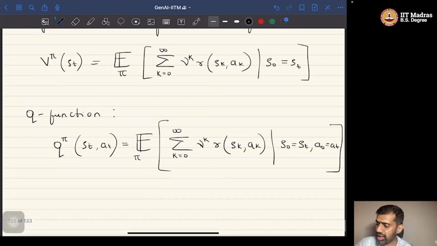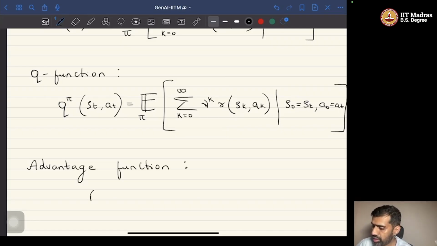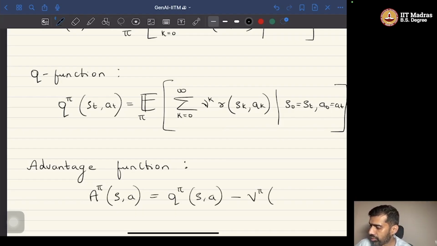Okay. Now there is another function that is defined, which is called the advantage function, which is simply given by the difference between the q function and the value function.